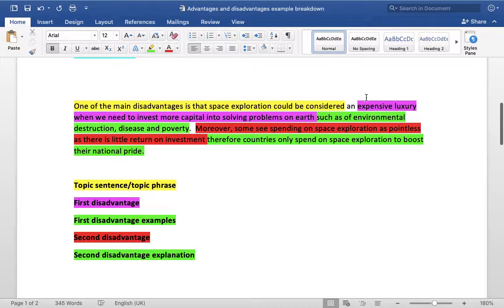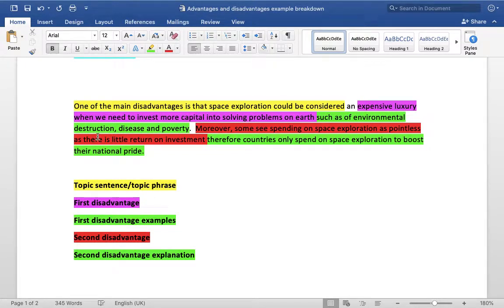Okay, here we can see my first main body paragraph. And, we talk about topic sentences. Here it's more of a topic phrase. So you can tell one of the main disadvantages, the moment I put this in, the rest of the paragraph will talk about the disadvantages. And here's the first point, that it's a luxury, and some examples that back that up.